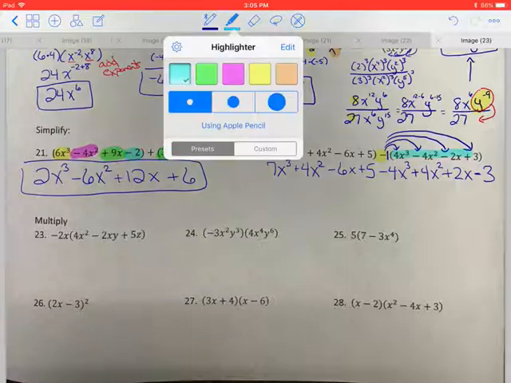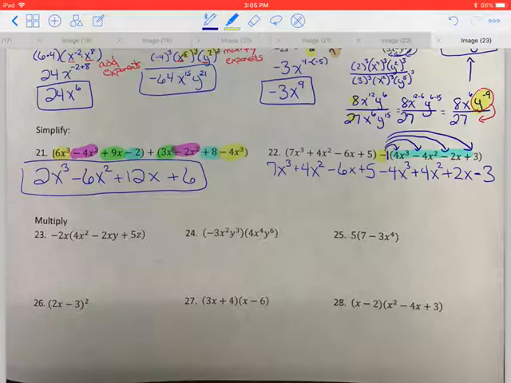All right, so now we're back to similar terms, just like the last problem. So we'll find our x to the thirds. Let's see, 7 minus 4 is 3, so 3x to the third. And then we try to find our x squareds. There's a plus 4 and a plus 4. So if I put those together, I get a plus 8x squared.